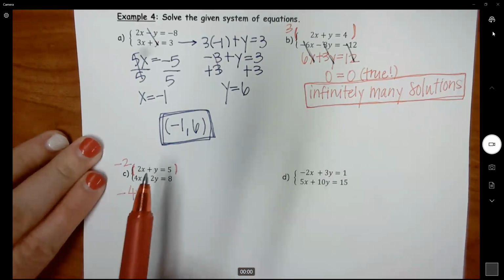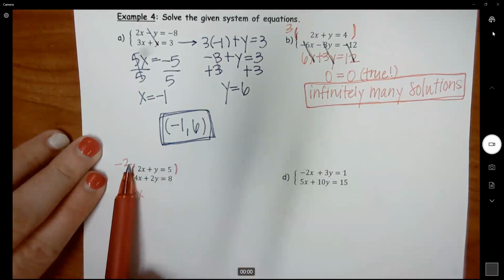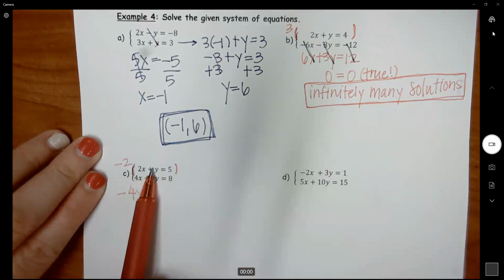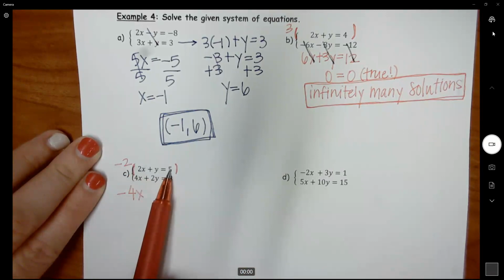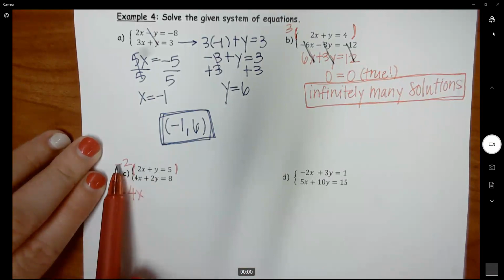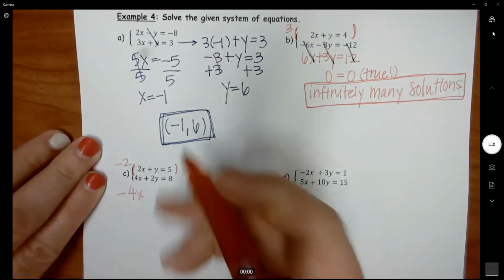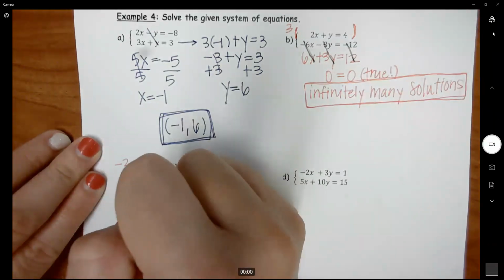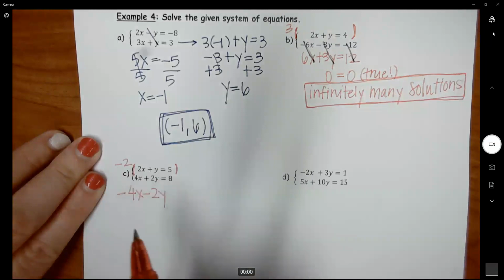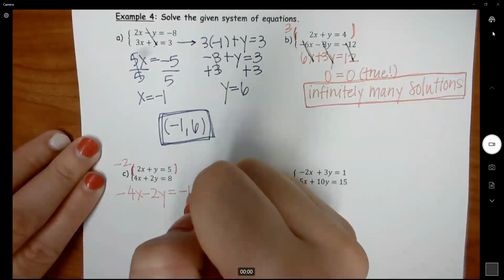And we're going to remember that when I multiply something, we're multiplying the entire equation, not x and y, but x, y, and that constant. So -2 times 2x becomes -4x, -2 times y becomes -2y, and -2 times 5 is -10.